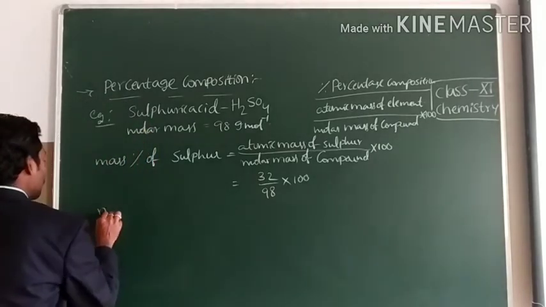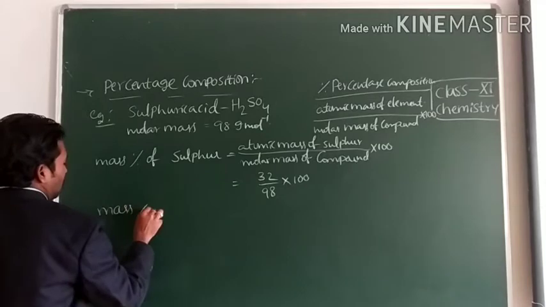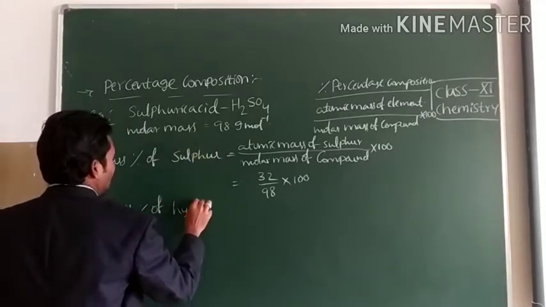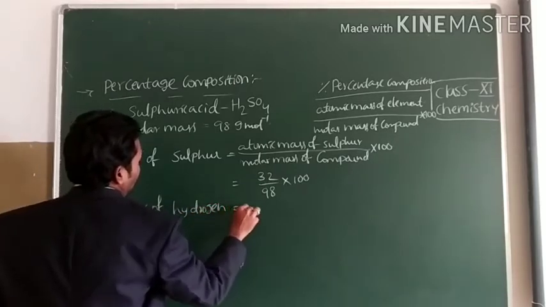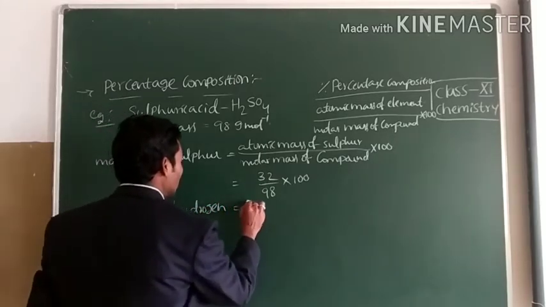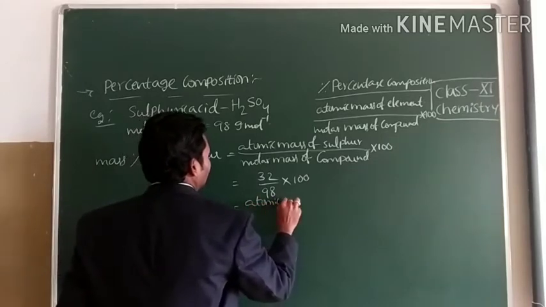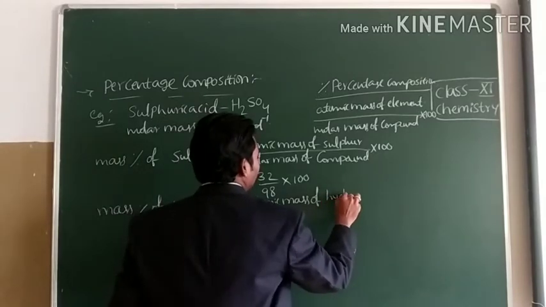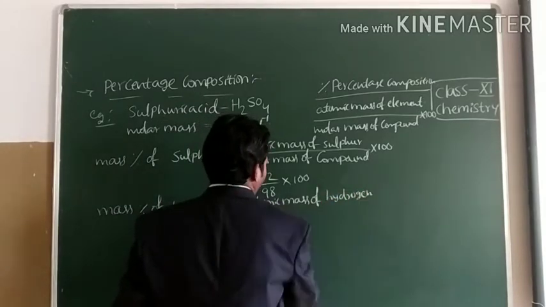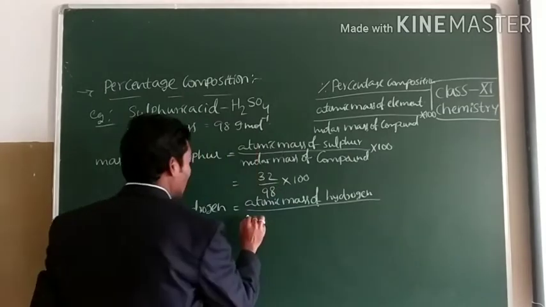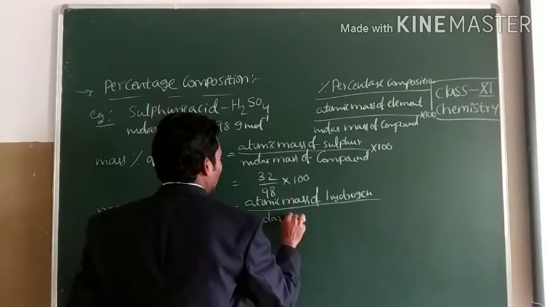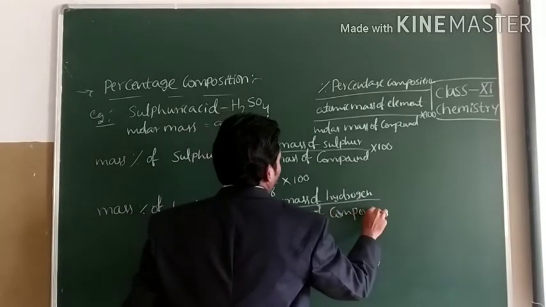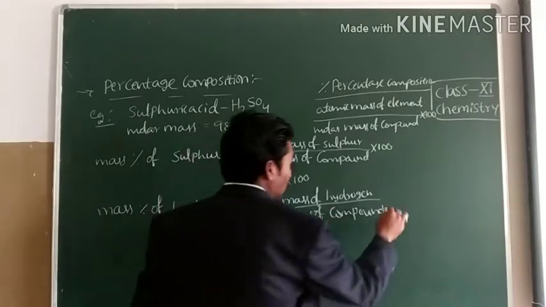Next, the mass percentage or percentage composition of hydrogen is equal to the atomic mass of hydrogen by the molar mass of the compound.